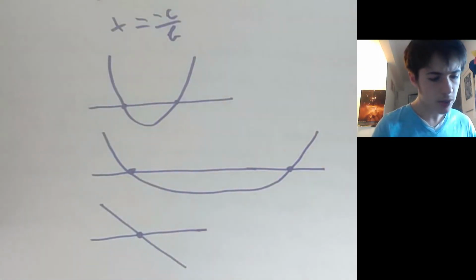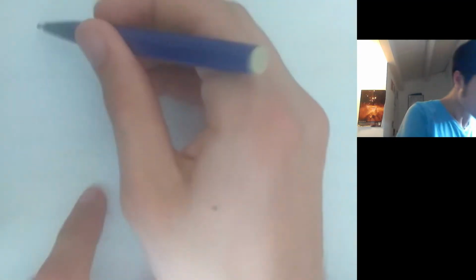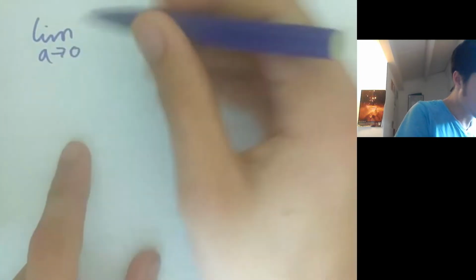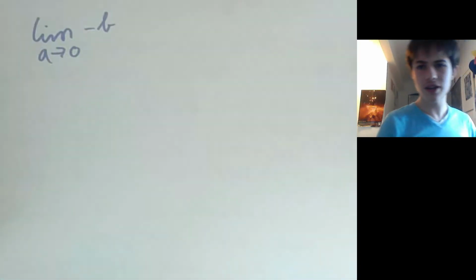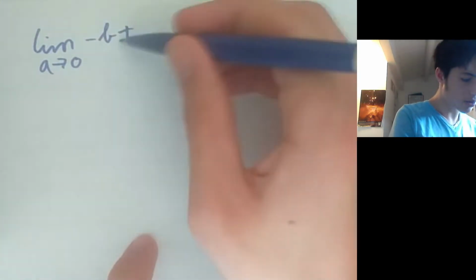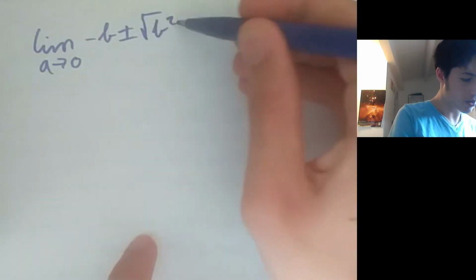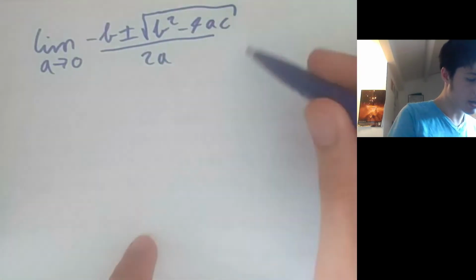So this way we can make a conjecture that the limit of the ABC formula, so let's write it down, the limit of the ABC formula when a goes to 0, negative b, well, we don't actually know, it was one solution, so we don't know whether or not to take the plus or the negative one, the square root of b squared minus 4ac all over 2a.